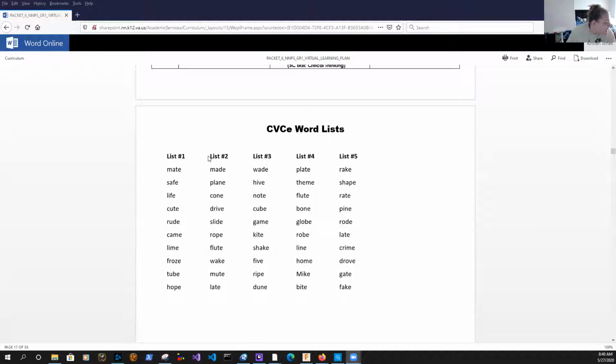So today we're looking at list number 2. You're going to read all of these words. All of these words have long vowels because they have a vowel, consonant, silent E at the end. So make sure when you read those words, you're reading them with long vowels, not short vowels.